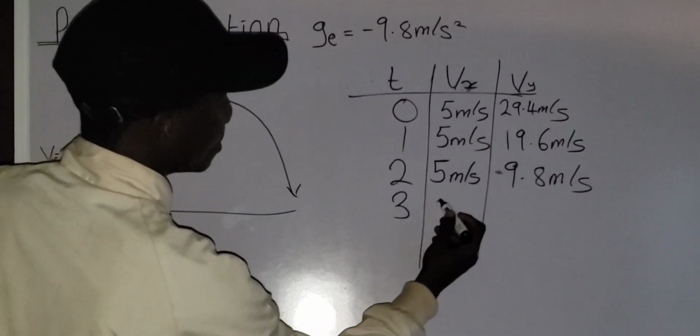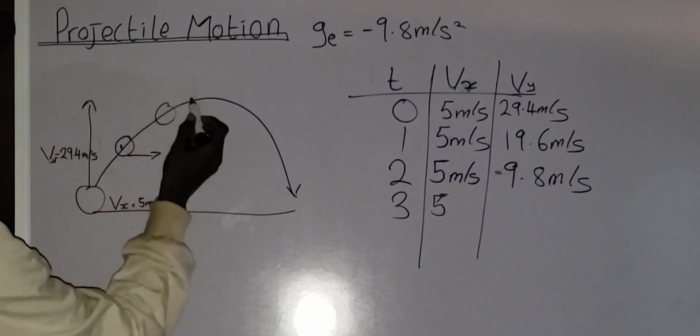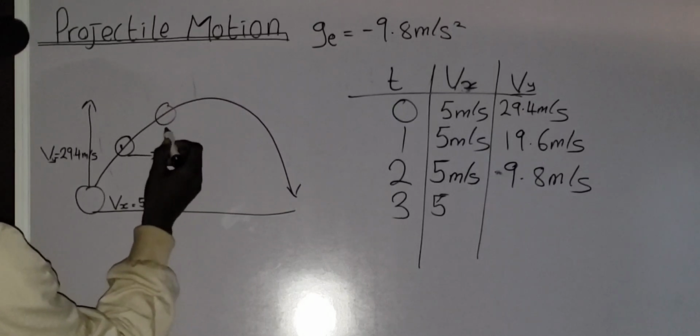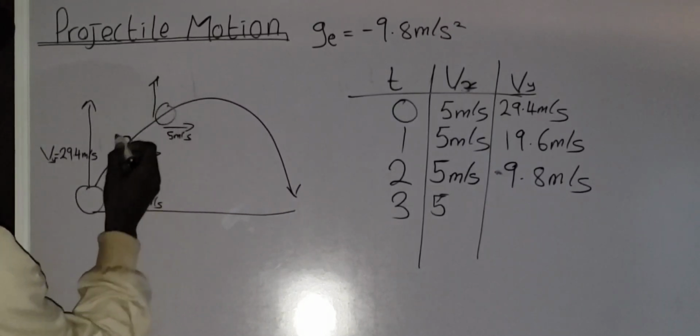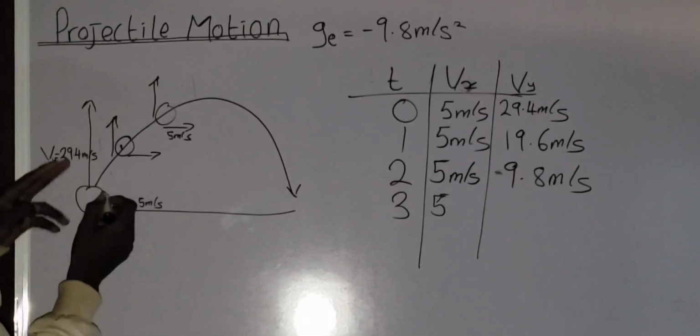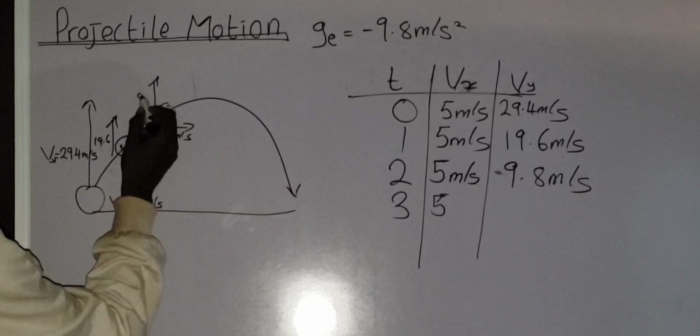So at 2 seconds, the velocity here still remains 5 meters per second, and the velocity here is 19.6, this is 9.8.